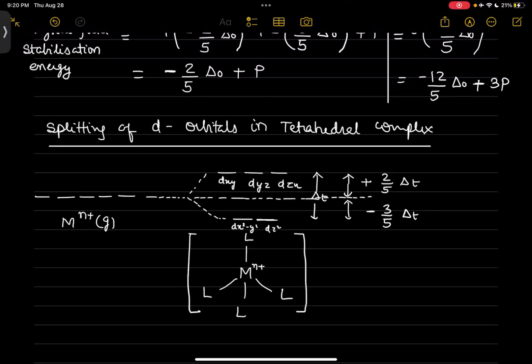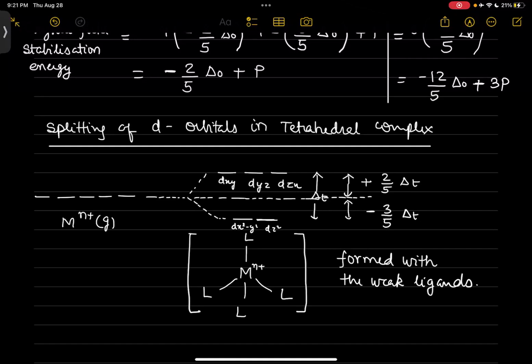So this is how the filling happens. Tetrahedral complexes are formed with weak field ligands. So generally they are high spin only.